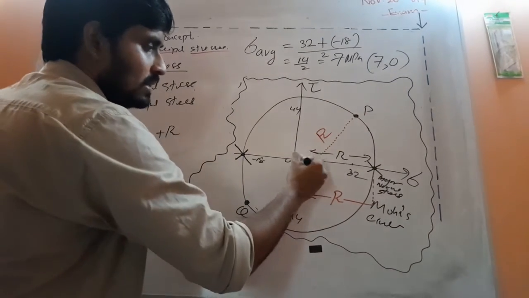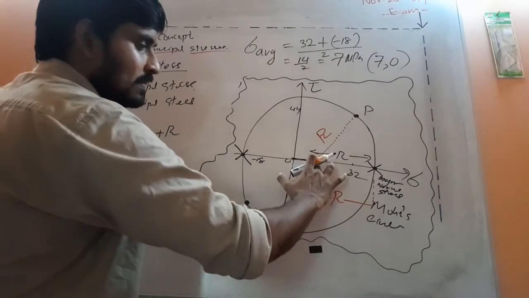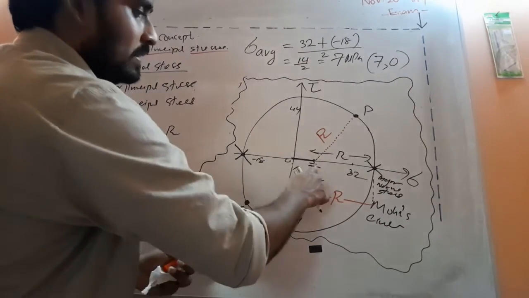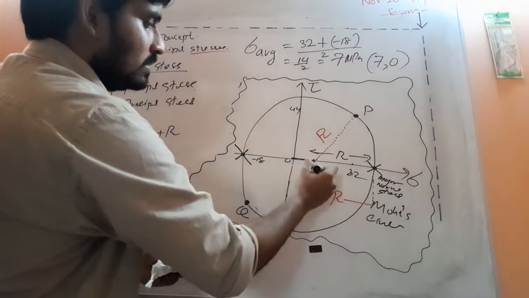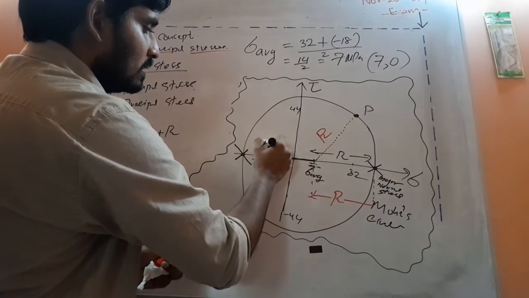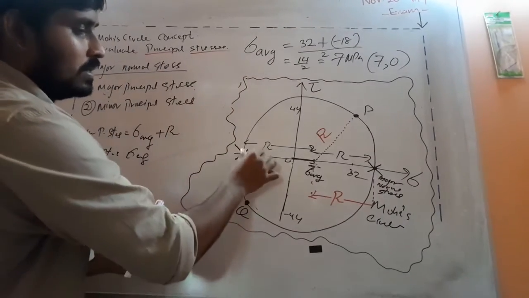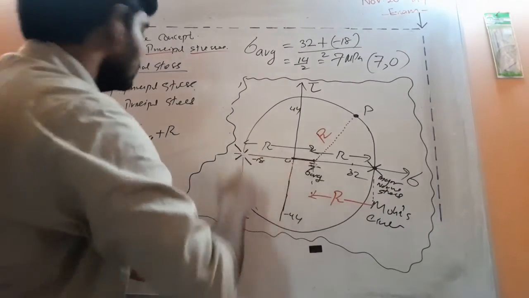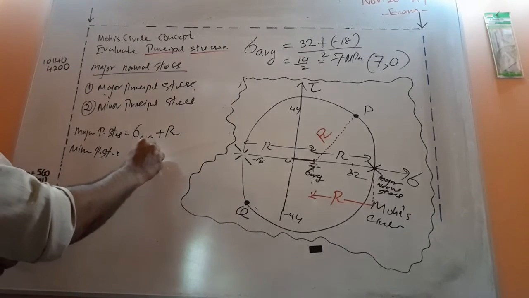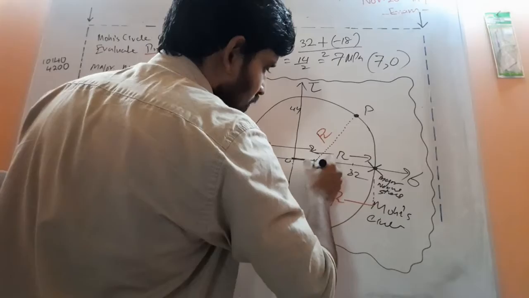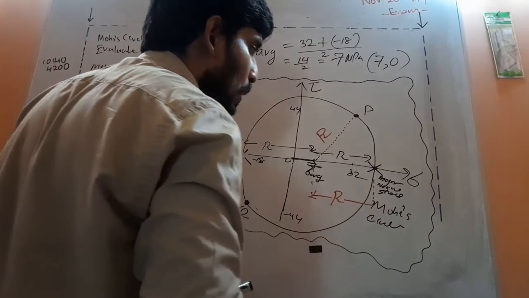This length, you know, that is 7. 7 minus this length. So what is this length? Radius. Here to here, radius. 7 minus radius. So sigma average minus radius. Understand? Right. Definitely easy things, not hard.